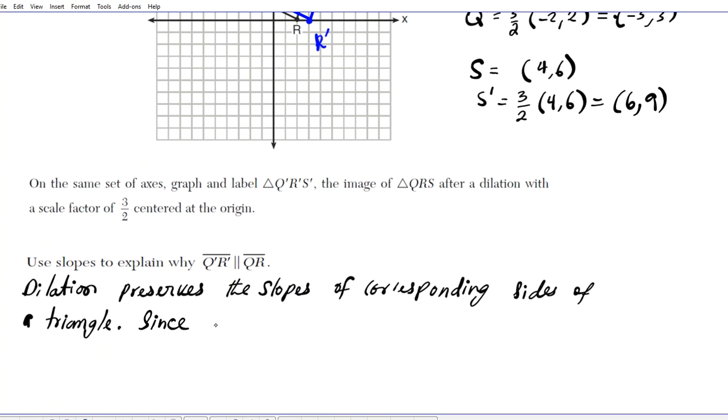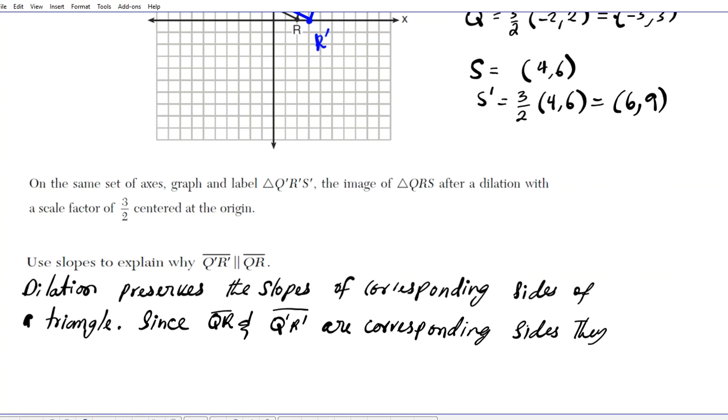So since side QR and side Q prime R prime are corresponding sides, they have the same slope, which means that they are parallel.